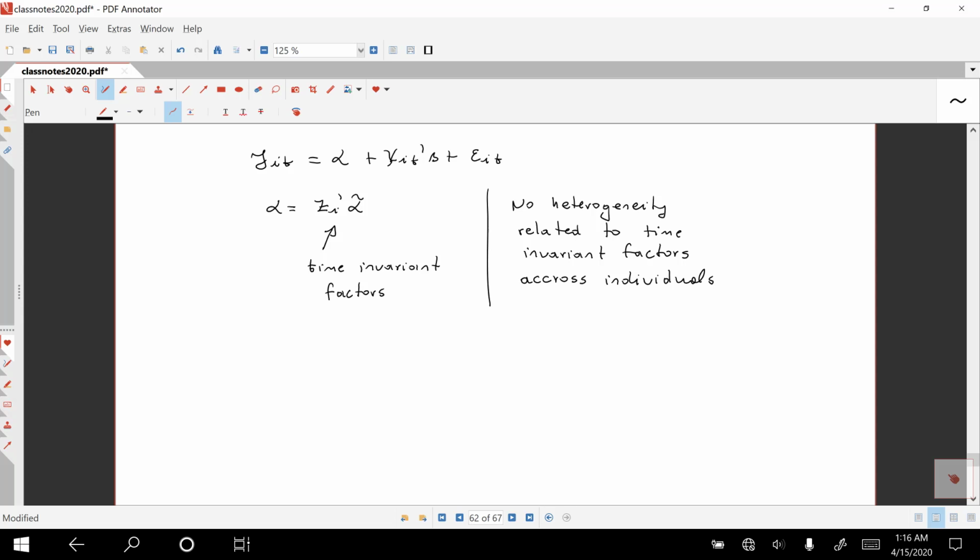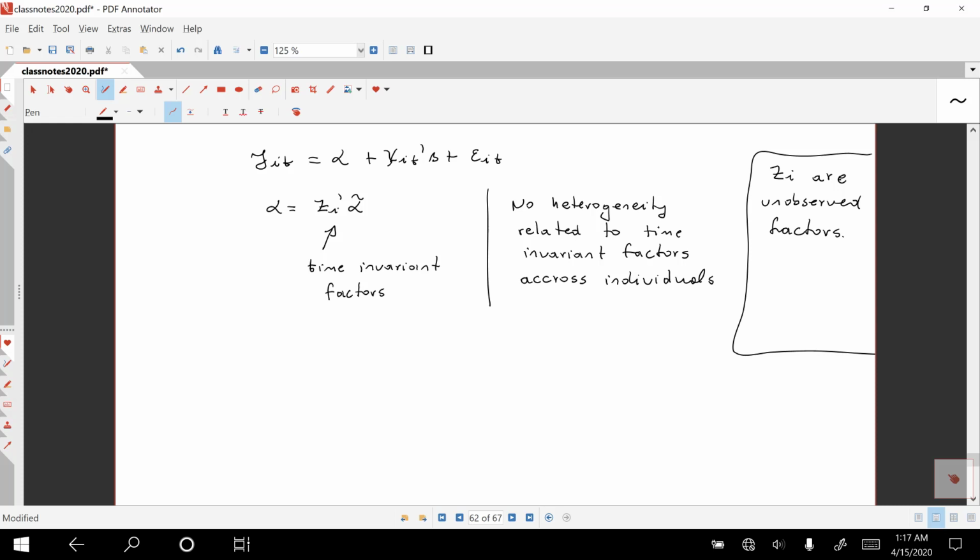But to understand the model, it's okay with this assumption, that the Zi's are unobserved factors. I think you get all the intuition using this simple model. So in this model, there is no heterogeneity related to time invariant factors across individuals.